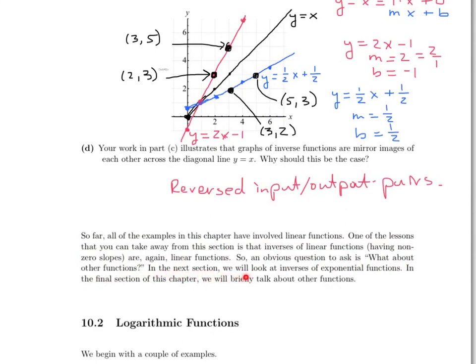In the next section, we'll look at inverses of exponential functions. In the final section of this chapter, we'll briefly talk about other functions. But for right now, the takeaway message from this particular section is that if you start with a linear function that has non-zero slope, the inverse is going to again be another linear function with non-zero slope.